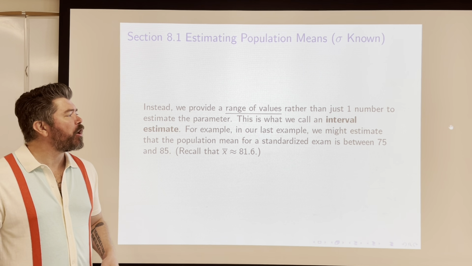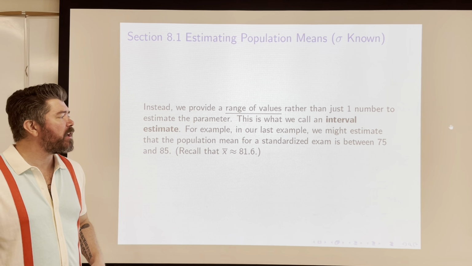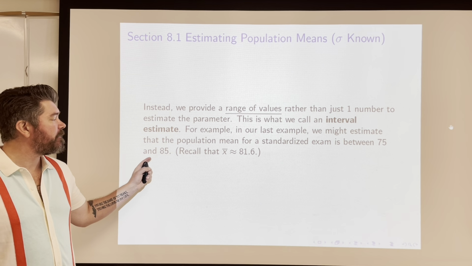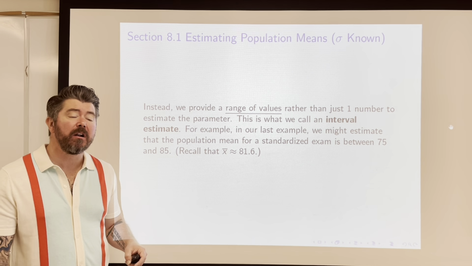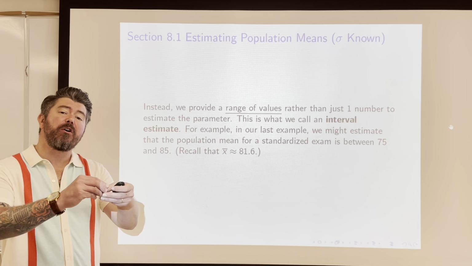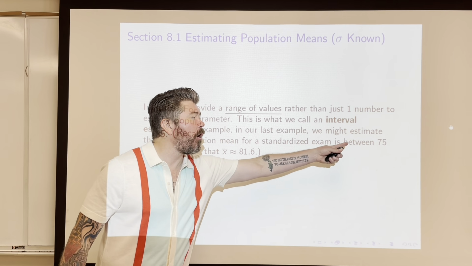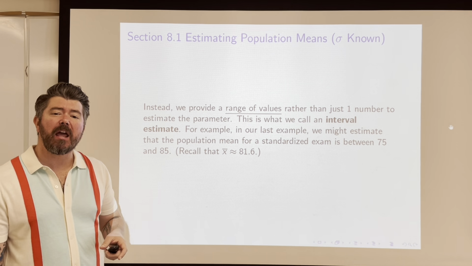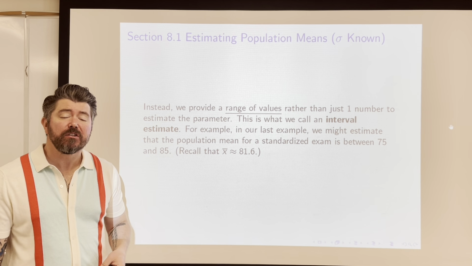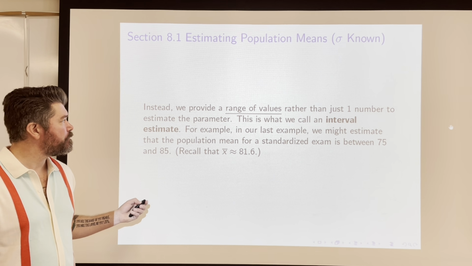For example, in our last example, we might estimate that the population mean for a standardized exam is between 75 and 85. So remember that our point estimate was 81.6, but now if we expand that to a range of values and look at all numbers between 75 and 85, we're more likely to have the true population mean in that range of values.